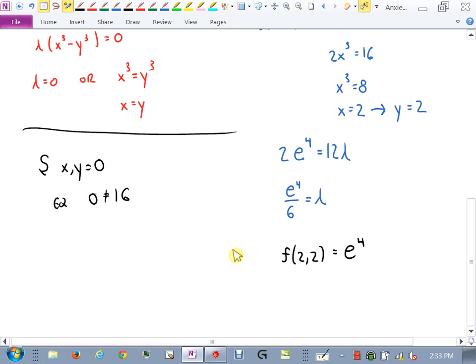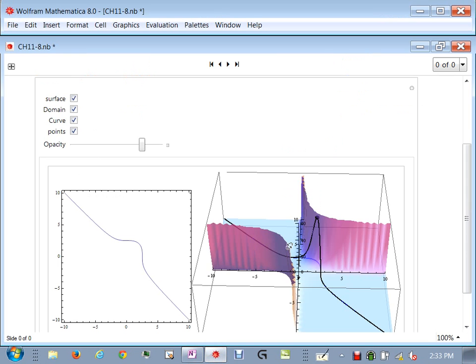That's right. All we have to do is find some other point that satisfies our constraint, plug it into the function, and see if it's higher or lower. Back to the picture, what we're saying is, look, we found this point, right? It happens at 2, 2, and then it goes up to e to the 4th. Well, if I can find another point that lives in the domain, in other words, another point that lives on this curve, and plug it in, I'll be somewhere on this black curve, won't I?